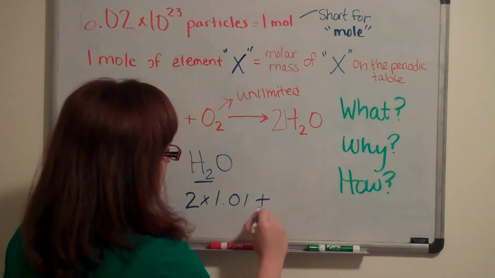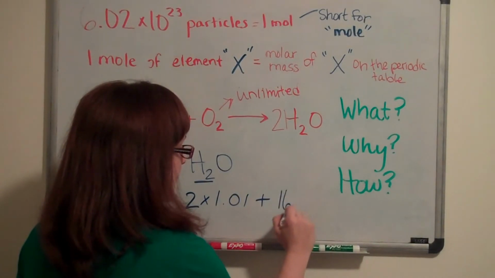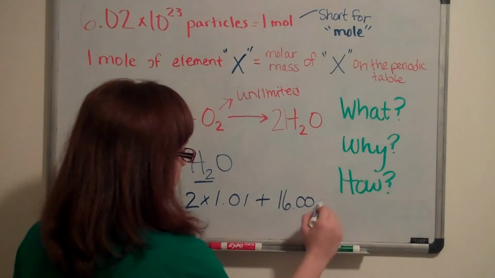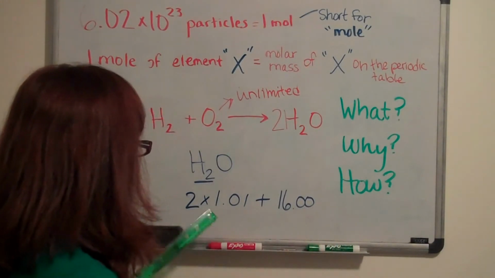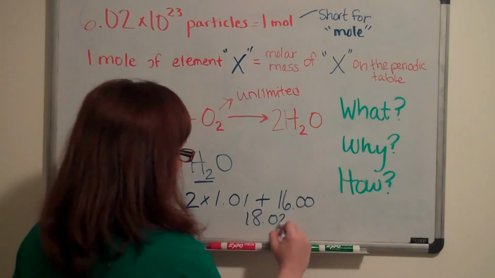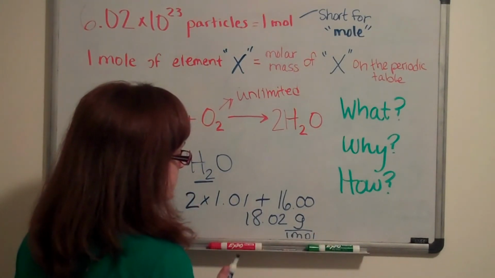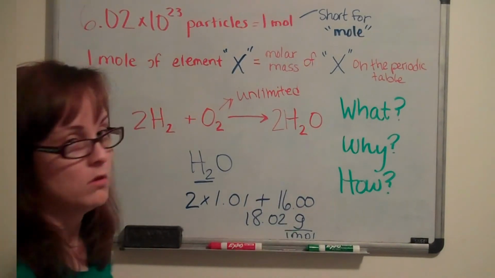You add that to the molar mass of oxygen by itself, which is 16 grams per mole. When we add those together, we get 18.02 grams per 1 mole. That's how much mass 1 mole of water has.